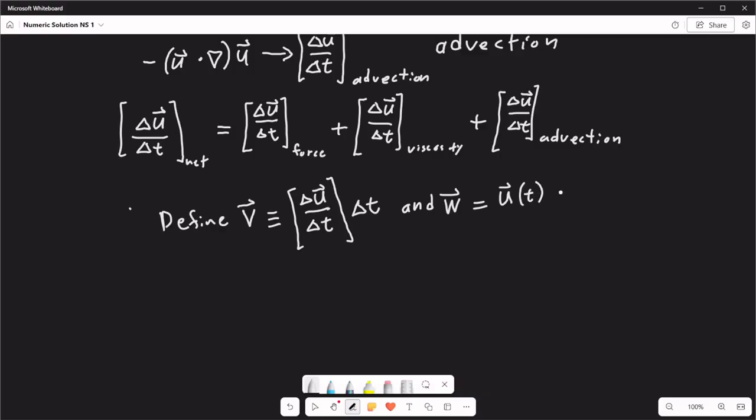I'm just going to refer to it as t right now, plus all of these, the change in the U basically predicted by computing the changes due to the force, the viscosity, and the advection.